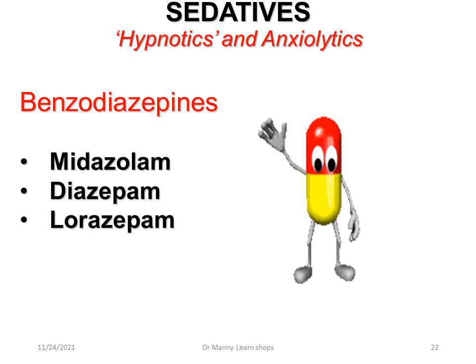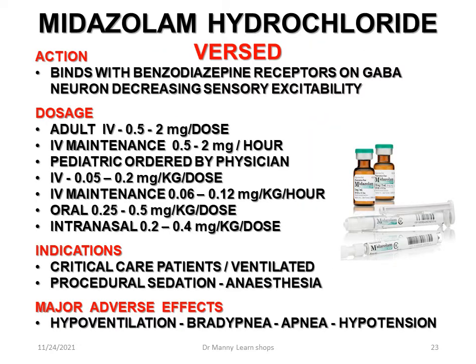So when we look at sedatives, we're looking at benzodiazepines. They're both hypnotics and anxiolytics. The three that we're going to look at today are midazolam, diazepam, and lorazepam. Midazolam hydrochloride. This binds with the benzodiazepine receptors on the GABA neuron in the brain, decreasing sensory excitability.